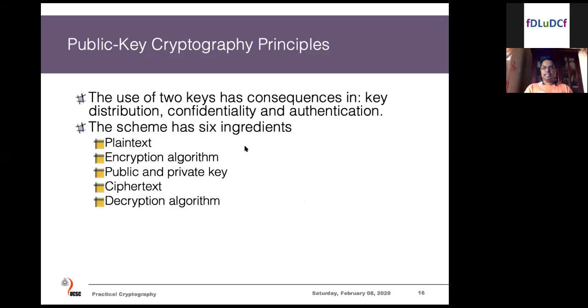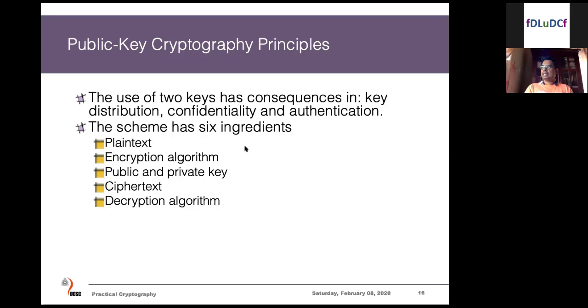As you may see, in symmetric key cryptography we also had plain text and an encryption algorithm, but we had only one key, the symmetric key. But in public key cryptography, we have two keys, called public and private keys, and then obviously the ciphertext and the decryption algorithm.